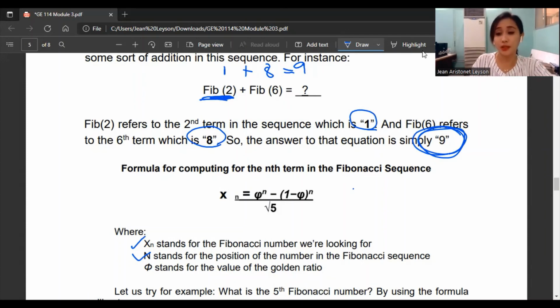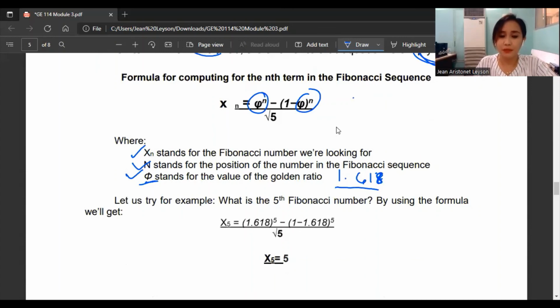So whatever position of the number we're looking for, that is our n. Phi, the Greek letter, stands for the value of the golden ratio, which is 1.618. That's constant. That's the value of phi, or the golden ratio.